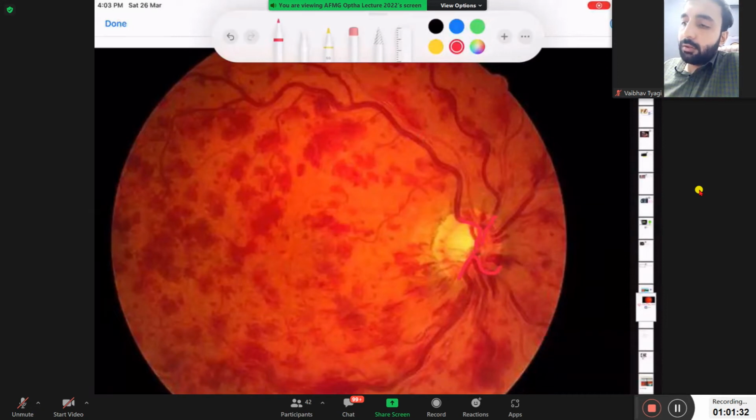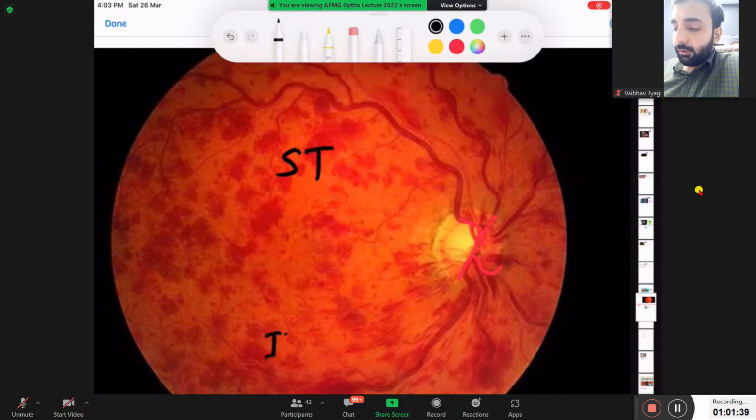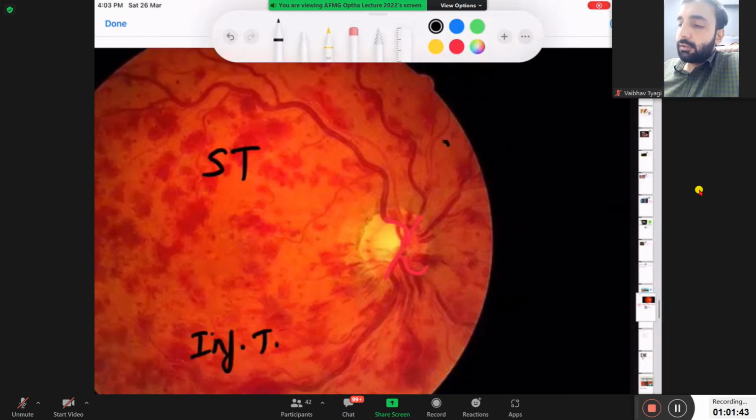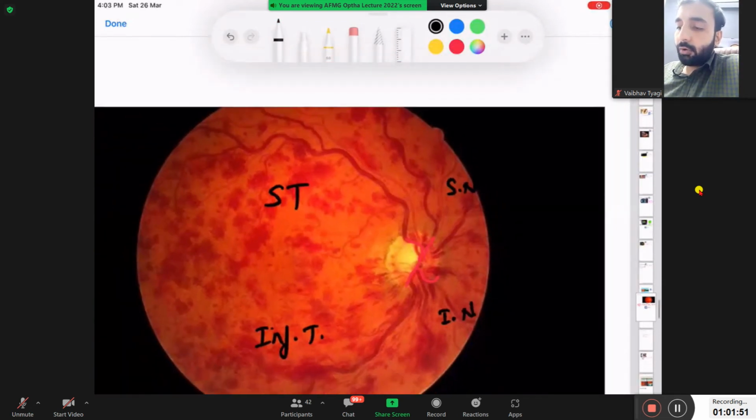So there are four quadrants. This is your superior temporal quadrant. This is inferior temporal. This is superior nasal, and this is inferior nasal, right? So if hemorrhages are present in all four quadrants, then go blindly and tick CRVO. CRVO will be the answer.